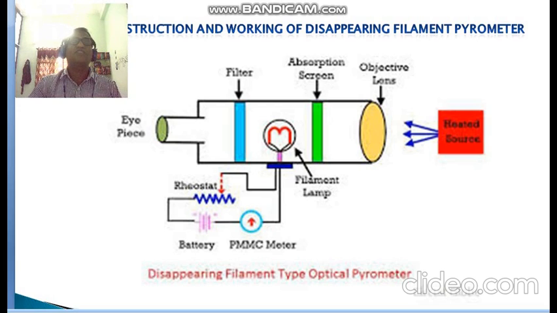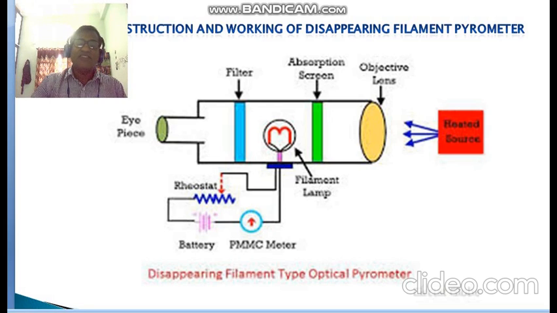If you observe the construction part in the schematic diagram, the filament pyrometer consists of a telescope tube. This telescope tube has an eyepiece at one end. At the second end, an objective lens is arranged.